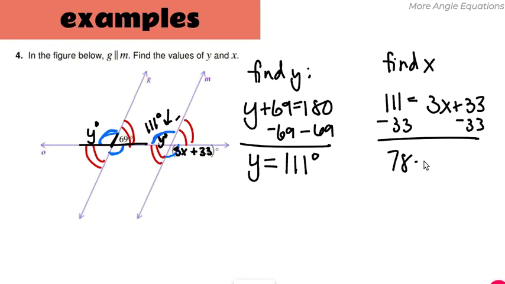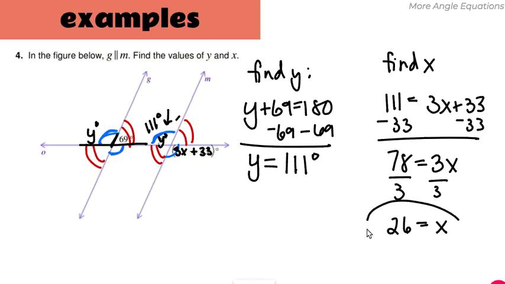I get 78 equals 3x. X equals 26. So now this is putting everything together and including some multiple steps here that really show whether you understand how these angles work and how solving equations work. And that's it.